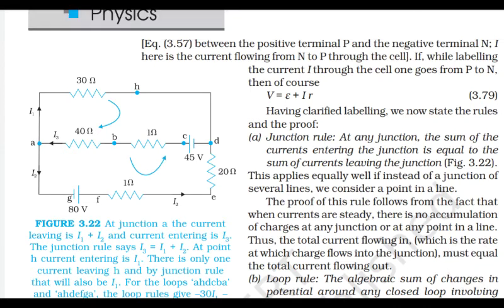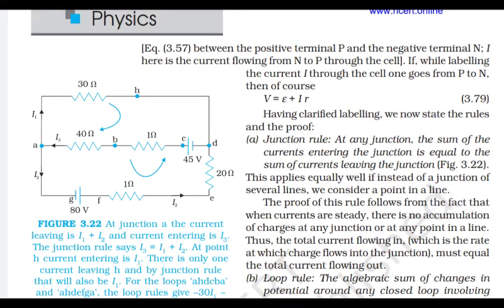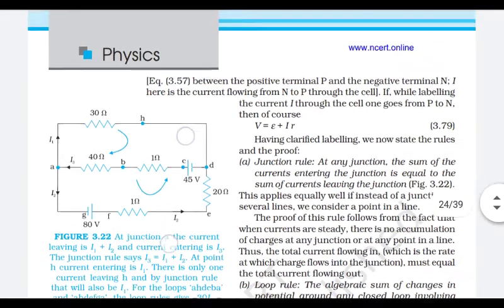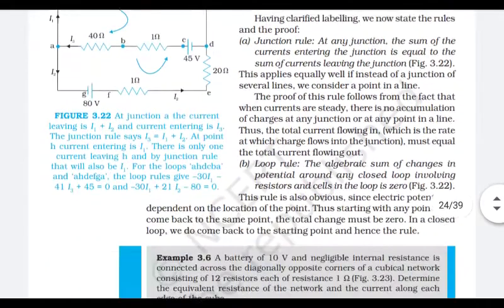Now if you look at the upper loop, it is very much clear. The potential difference: we are taking the battery potentials, EMF E1 and E2.